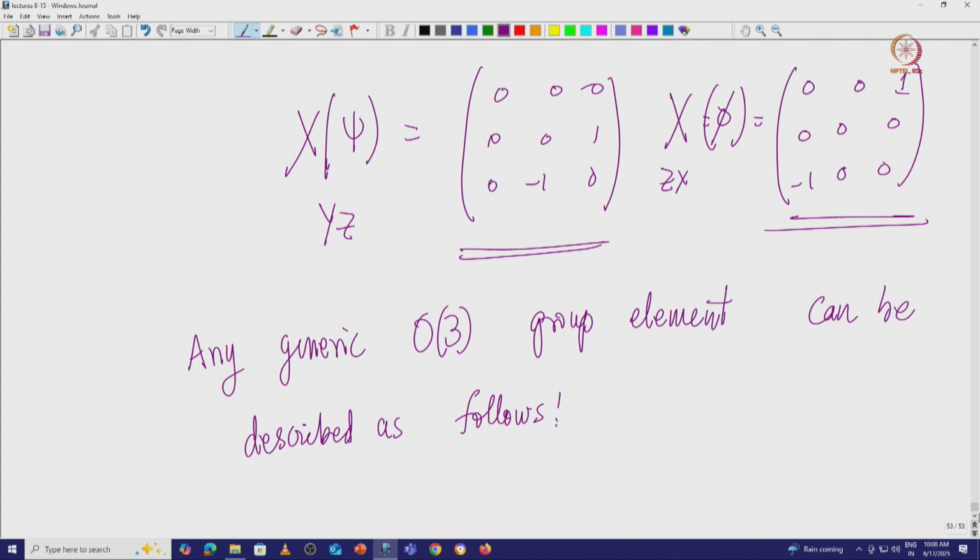Using that idea you can express any group element, which is an element R of theta, psi and phi, as e to the power i theta bar times x bar.